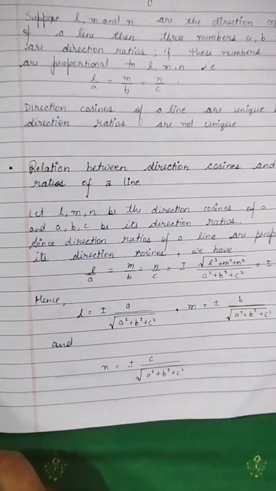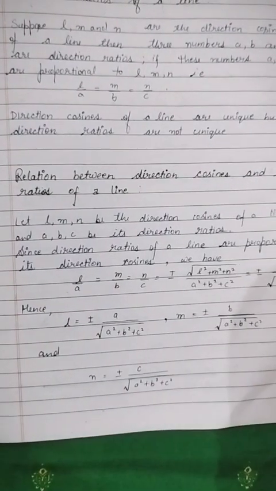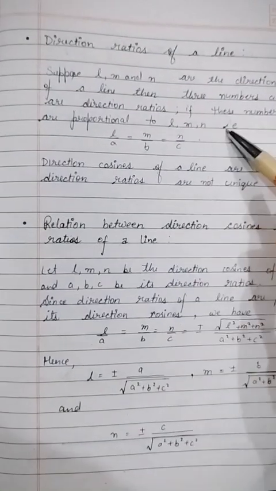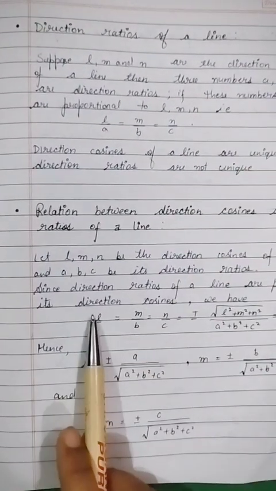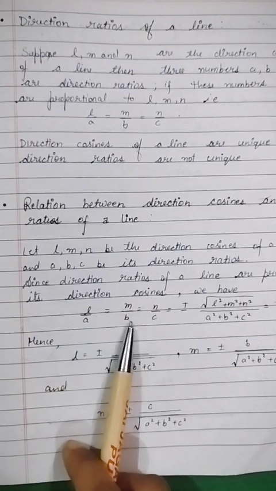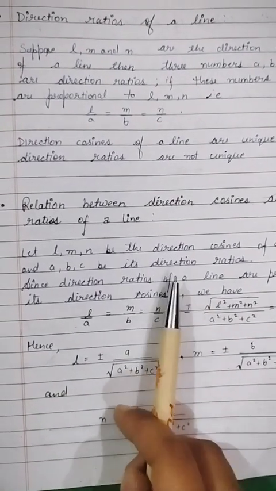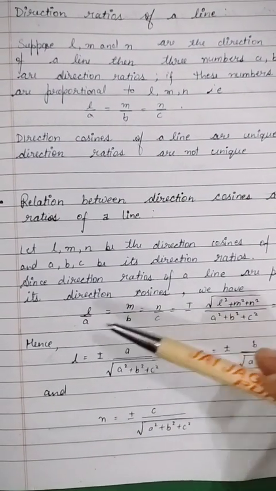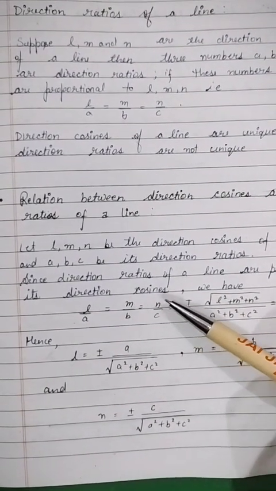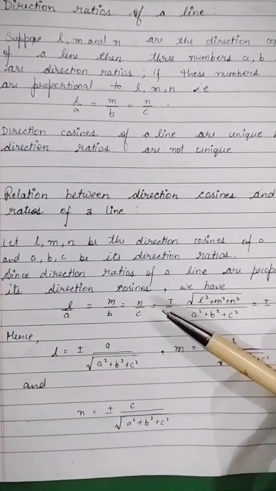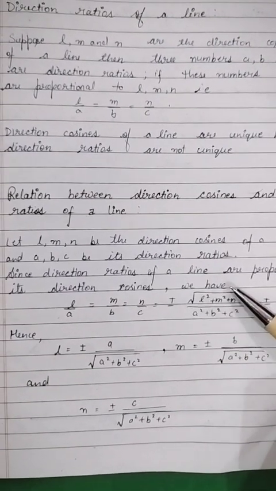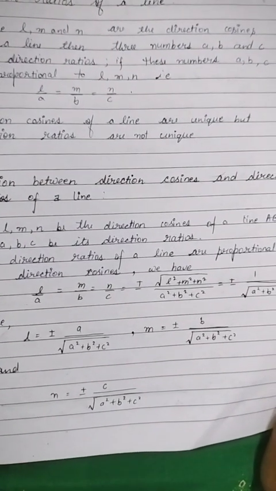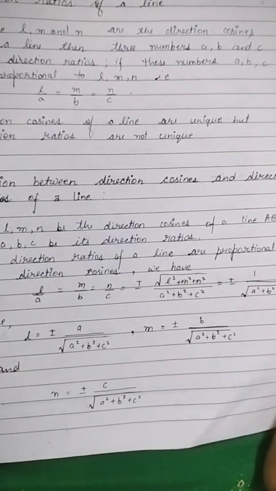Now we are going to study the relation between direction cosines and direction ratios of a line. We have seen previously that if l, m, n are the direction cosines and a, b, c are direction ratios, then they are proportional to each other: l upon a is equal to m upon b is equal to n upon c. It can also be written as plus minus square root of l square plus m square plus n square divided by a square plus b square plus c square.